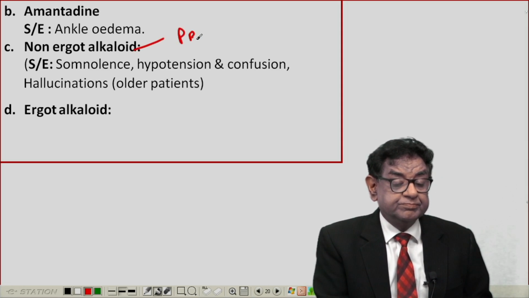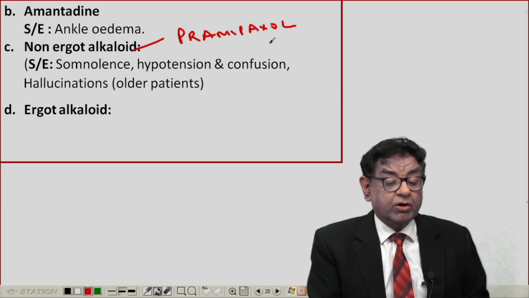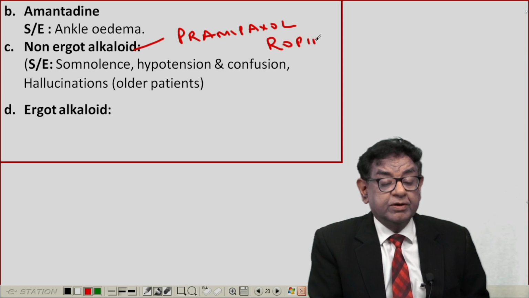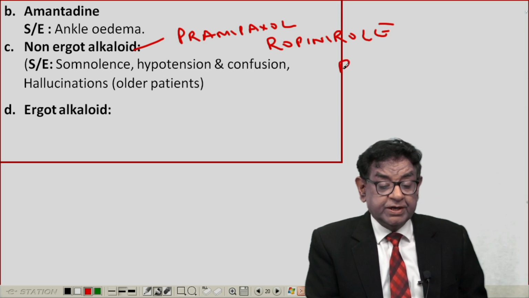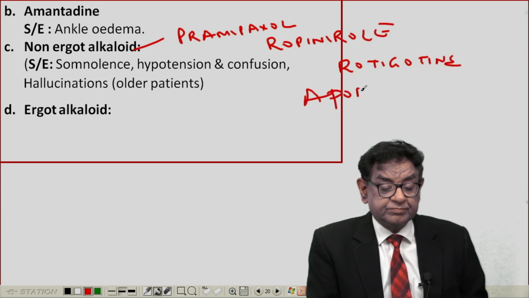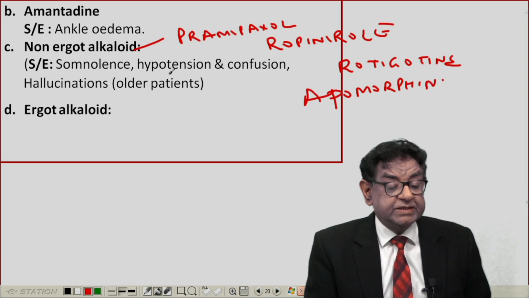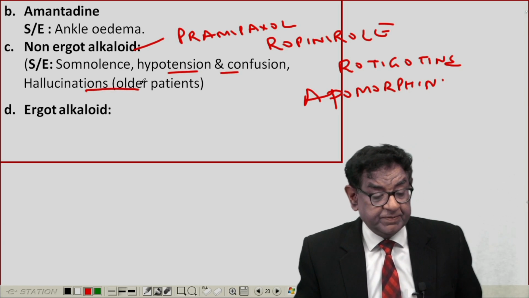Pramipexole, then ropinirole, rotigotine, and the new drug is apomorphine. The side effects again are somnolence, hypotension, confusion, hallucination, especially in elderly people.